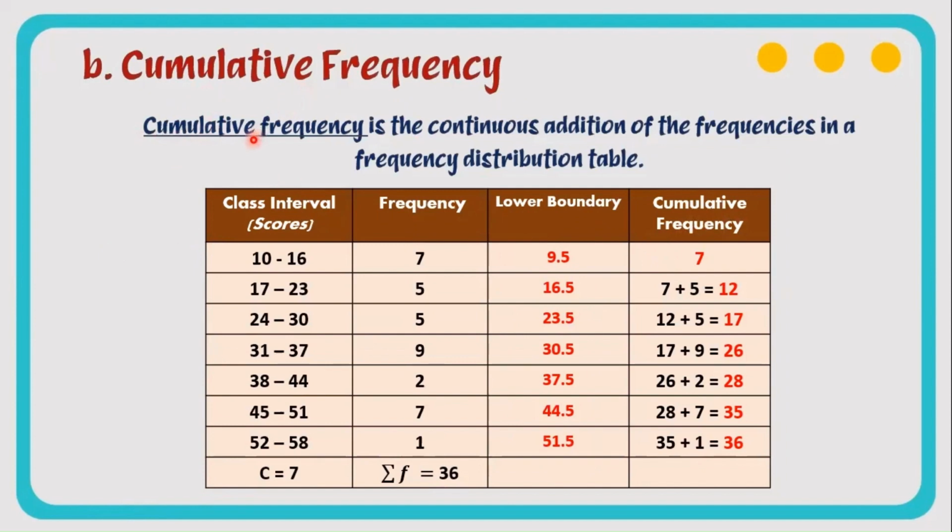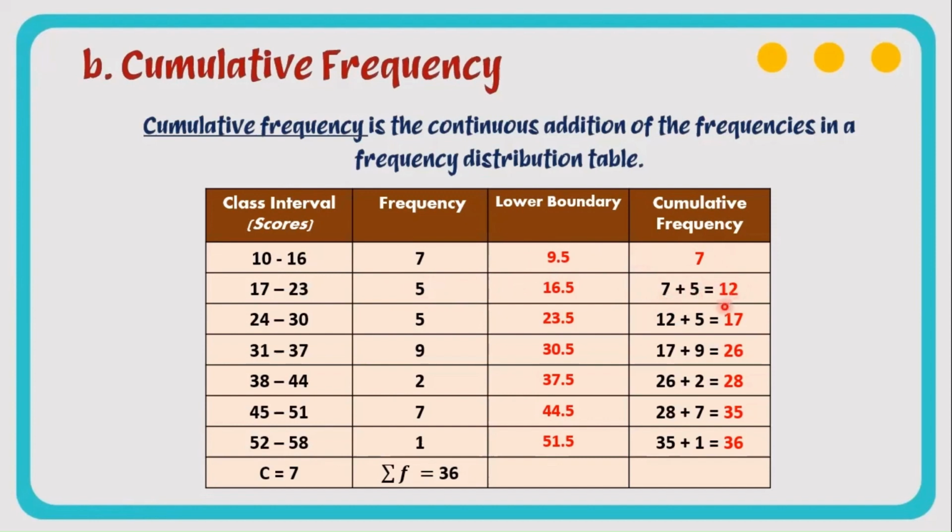Next, cumulative frequency. Cumulative frequency is a continuous addition of the frequencies in a frequency distribution. For the first cumulative frequency, we copy the first frequency, and then for the second cumulative frequency, we add 7 plus the second frequency, which is 5. So we have here 7 plus 5 equals 12.